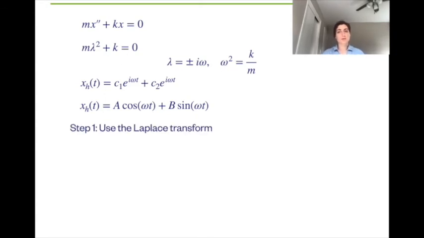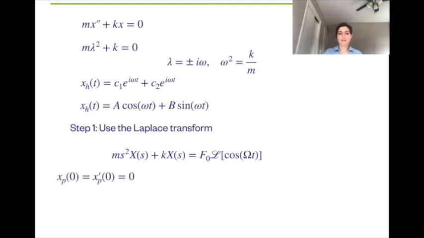So let's go into looking for the particular solution. Step 1, we use the Laplace transform. So we replace x double prime and x by their Laplace transforms. Notice that all the extra terms given by the formula of the derivative of the Laplace transform based on initial conditions can just be forgotten about, because we're going to assume that in the homogeneous part of the solution, capital A and capital B will be shifted to adapt to whatever initial condition is given.